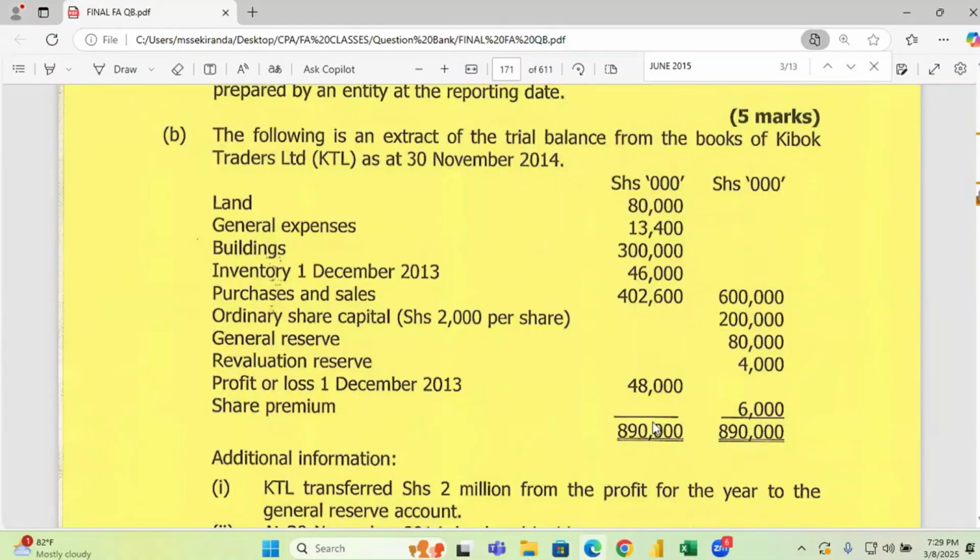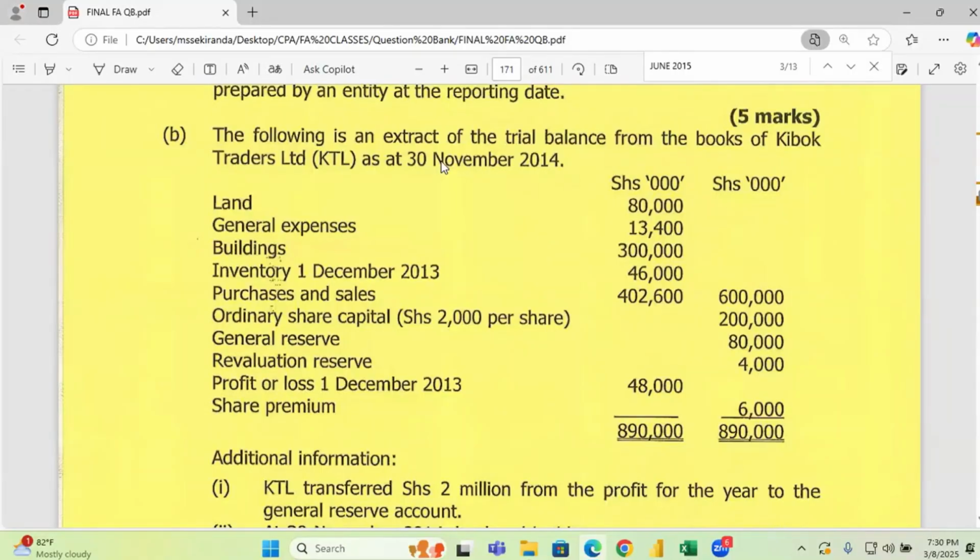Within the trial balance, we normally have retained earnings. Another language the examiner uses for retained earnings is profit or loss, but he must put a date. That's when you realize it is retained earnings. In our scenario, it is the opening date of the financial year, because the year ends 30th November.